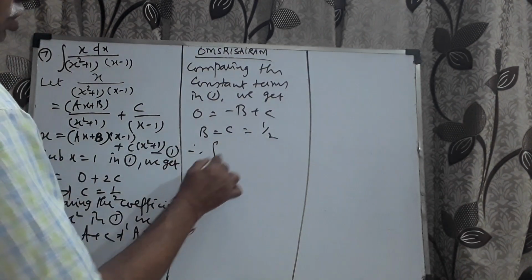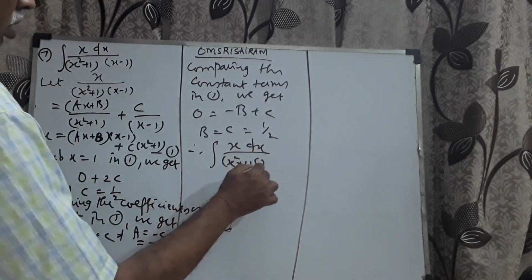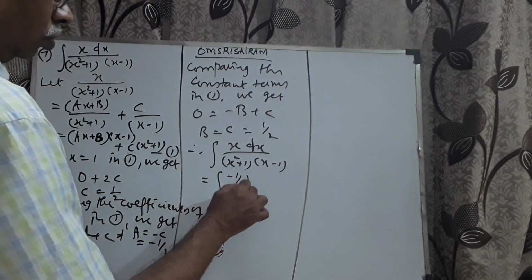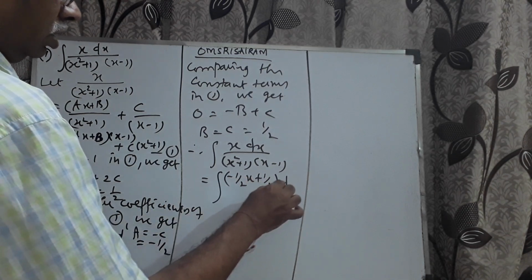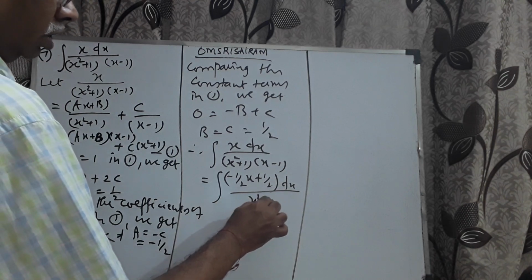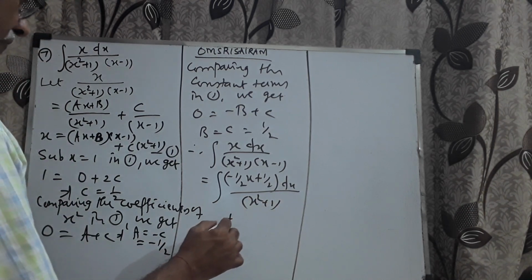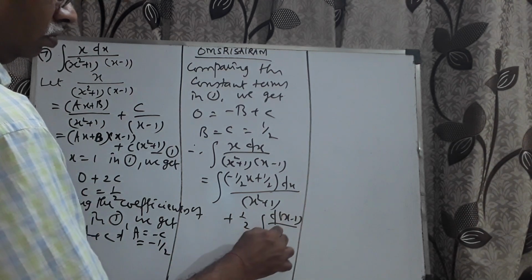Therefore, the whole integral now becomes x dx by x square plus 1 into x minus 1 happens to be, a is minus half. Therefore, minus half x, b is half, plus half dx divided by x square plus 1. Then of course plus c is anyway half integral d of x minus 1 by x minus 1.